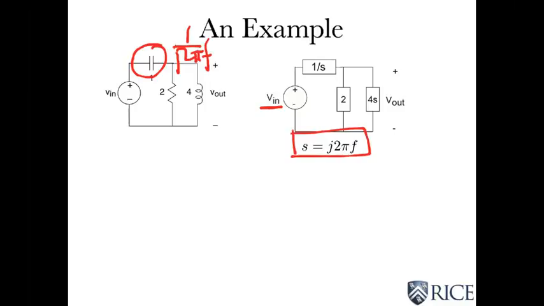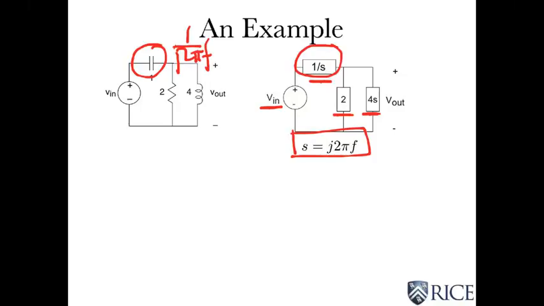And I write the impedance of the capacitor as just 1 over s. I'm going to use current divider, voltage divider, all those tools, and then at the end replace s by j 2 pi f. So the impedance of a 1 farad capacitor is 1 over s. The impedance of our 2 ohm resistor is still 2. And the impedance of our 4 Henry inductor is 4s.